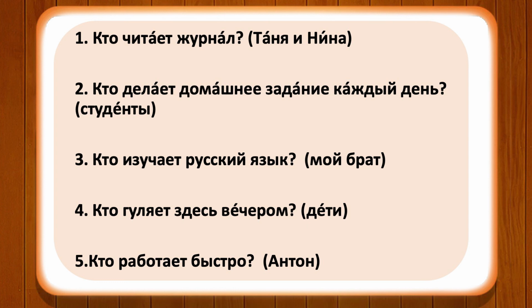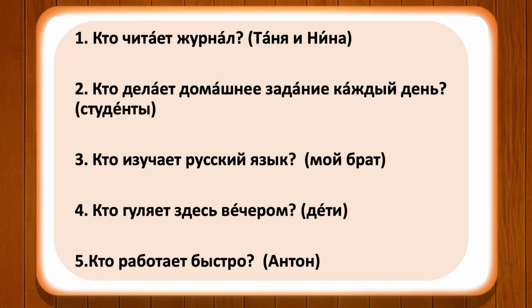So студенты делают. Кто делает домашнее задание каждый день? The answer would be студенты делают домашнее задание каждый день. The third question is Кто изучает русский язык? In bracket, it is мой брат.